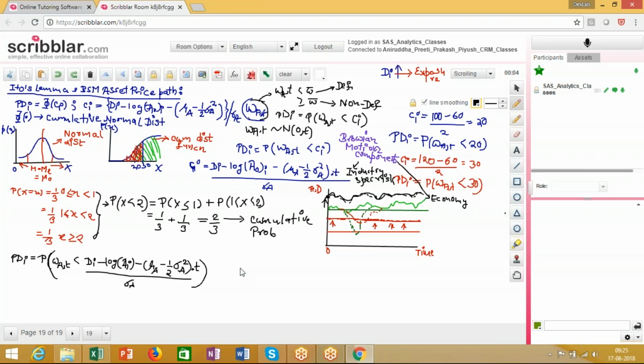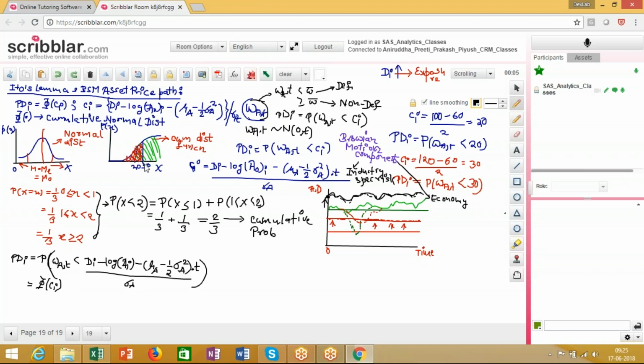From here, we said that this is equal to phi of C_i. We called this value C_i, and this phi of C_i is a cumulative normal distribution. We had explained why this cumulative distribution was required. So what is the cumulative distribution function?